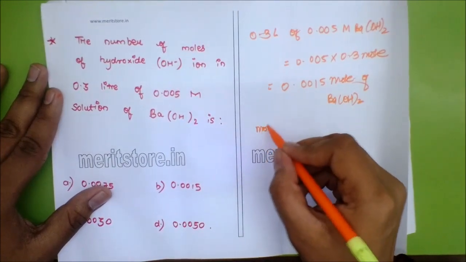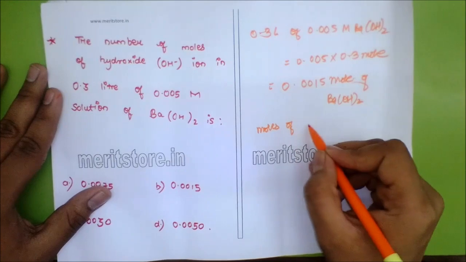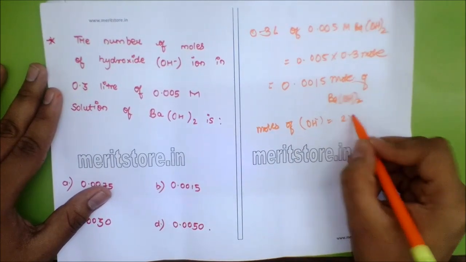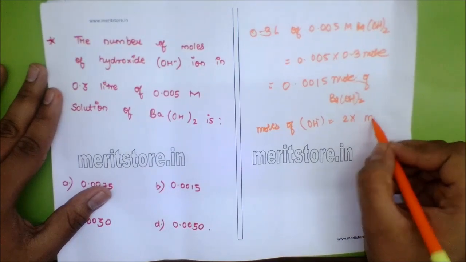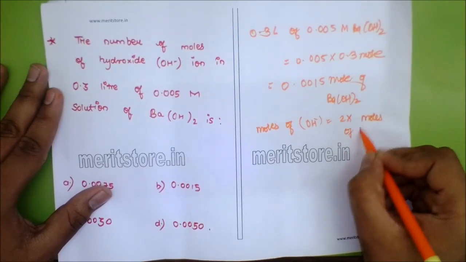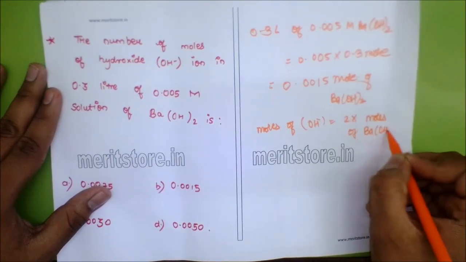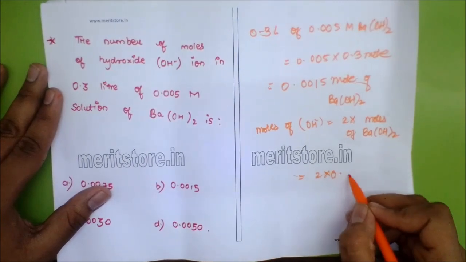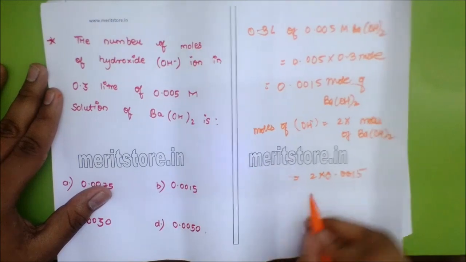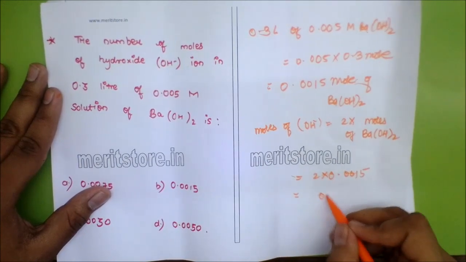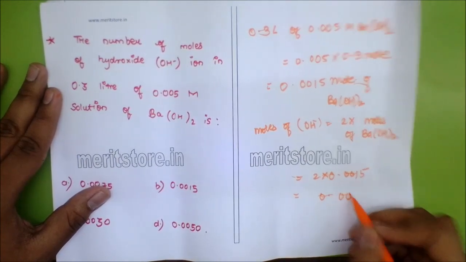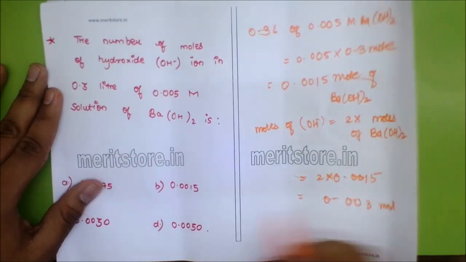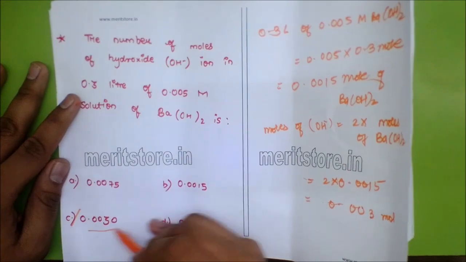So moles of hydroxide ion is equal to 2 times moles of barium hydroxide, which is equal to 2 into 0.0015, which is equal to 0.003. So option C, 0.003, is the correct answer.